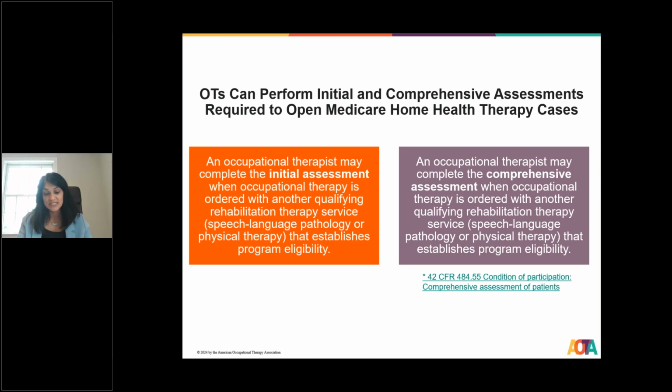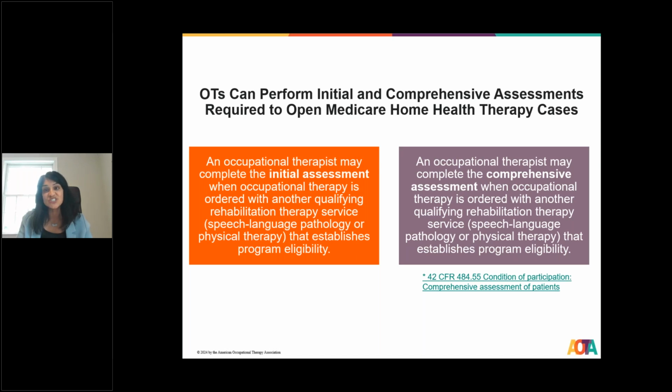This gives agencies permanent flexibility to use OT at the start of care for any referral that includes occupational therapy and another therapy. So again, PT or SLP, to establish eligibility for occupational therapy.